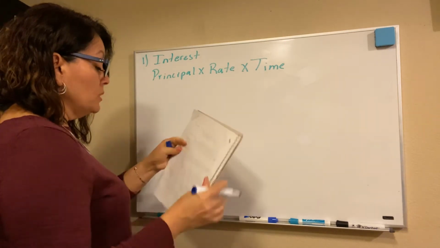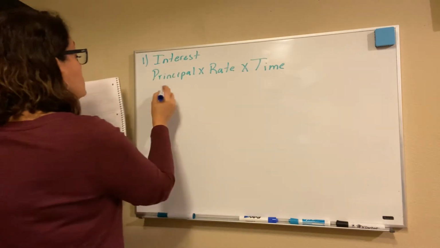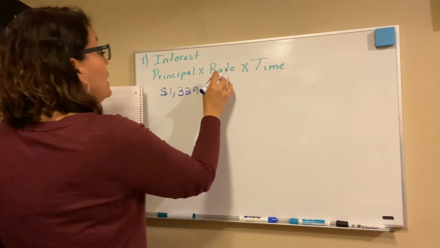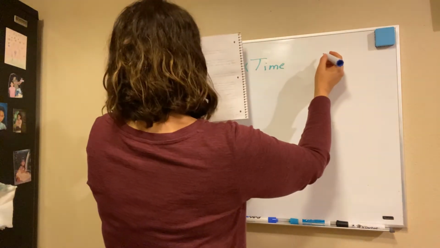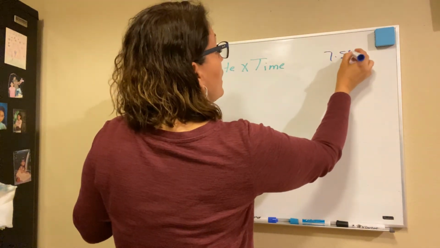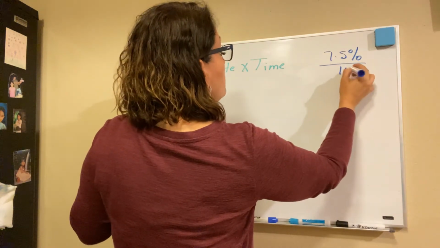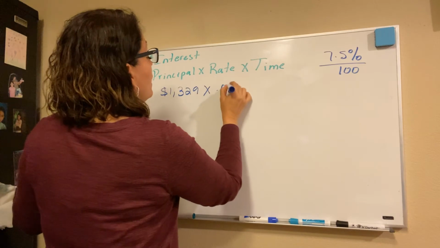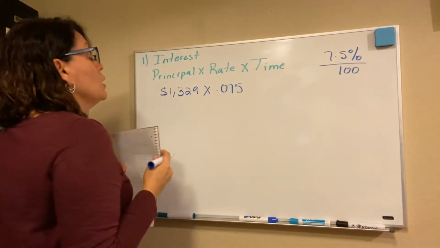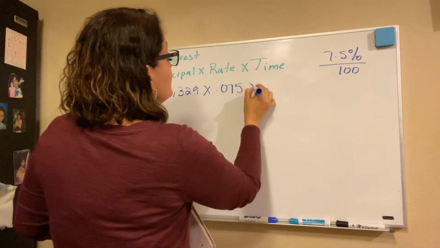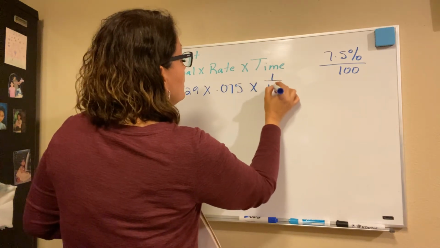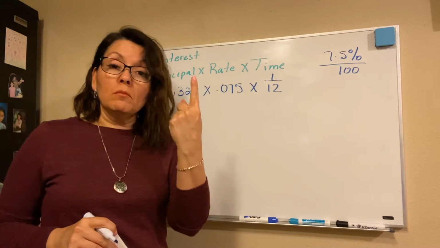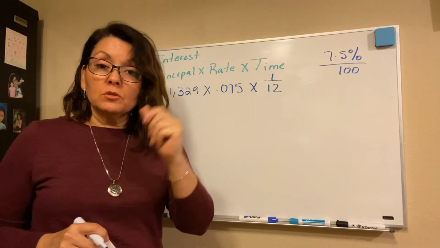So what was the principal for her? She asked for $1,329, and the rate was 7.5%. Remember, divide by 100. Don't break your brain. So divided by 100 is 0.075. And the time, guys, is always going to be 1/12 because we calculate 1 month out of the 12 months during the year.